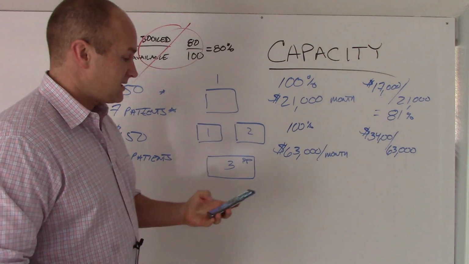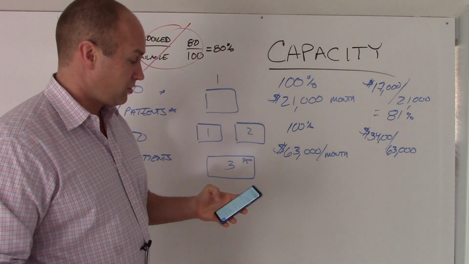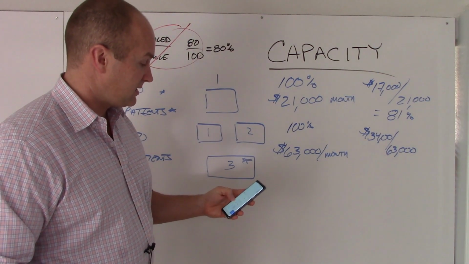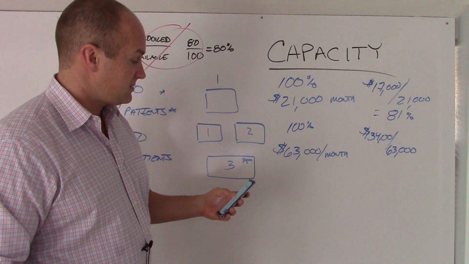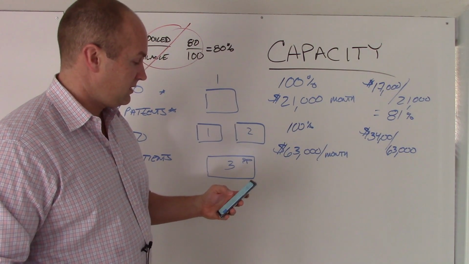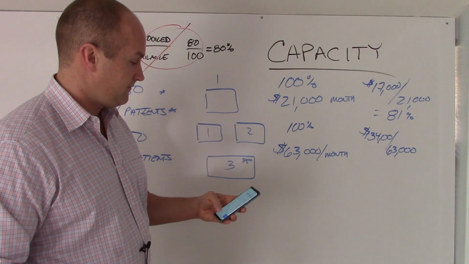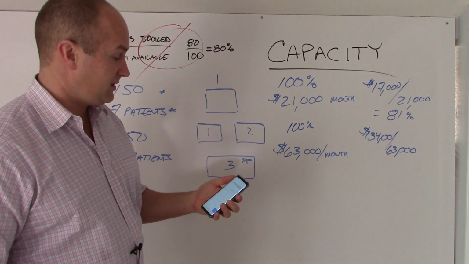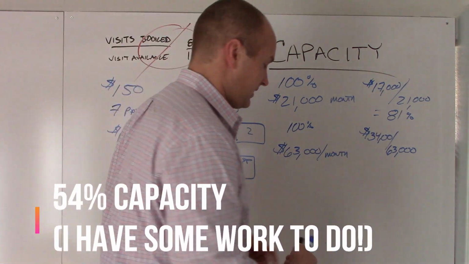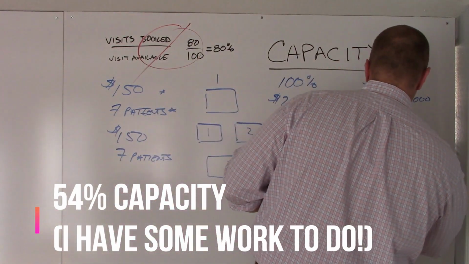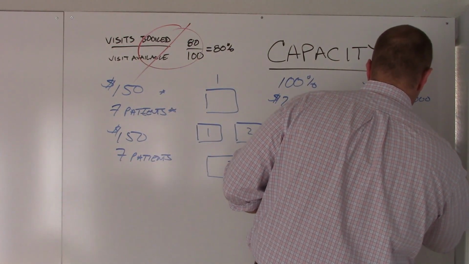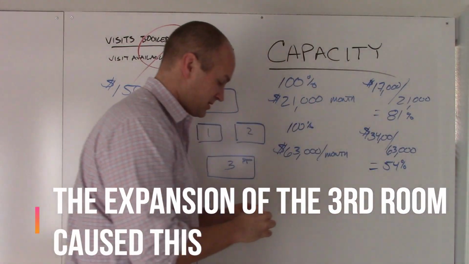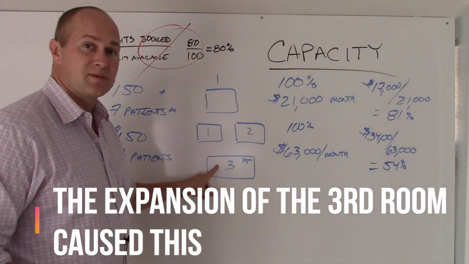So last month, before we grow into it, what's my current capacity? $34,000 divided by 63. I'm only at 54% capacity right now. I have a lot of room to grow. I'm at 54% capacity because this room is empty right now.